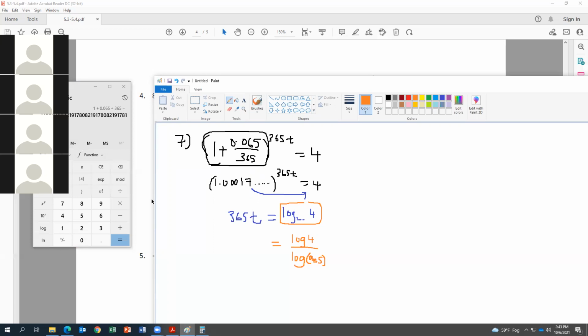Do I have an ANS? I don't have an ANS in my calculator. I'll do M plus. That's a memory, I think. Yep. So go ahead, use your calculator to figure out what this is. So this is log. I'm going to do my way, so don't look at mine.